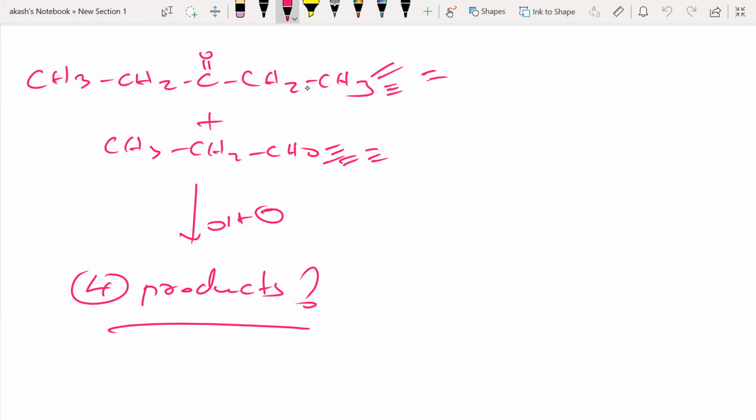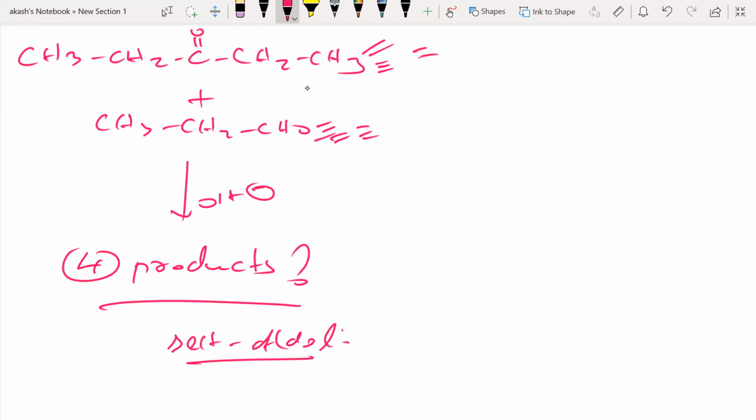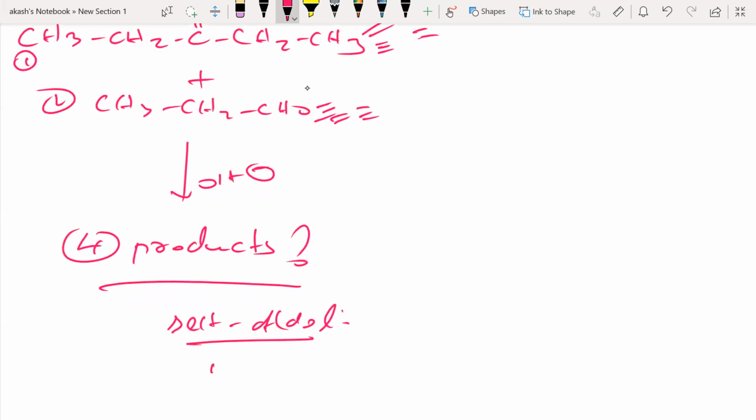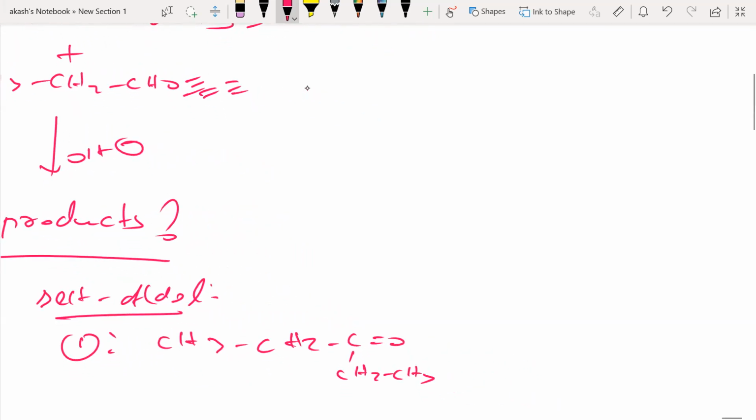Okay. So first, let us go for the self-aldol products. Let us take the first compound only. This is first compound. This is second compound. So self-aldol of first only. That means we will write it like this: CH3, CH2, C double bond O, CH2, CH3. Right? We will put oxygen and the alpha hydrogen on the other side.